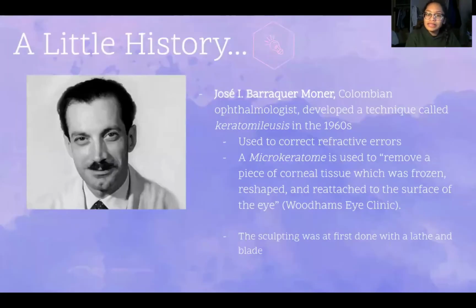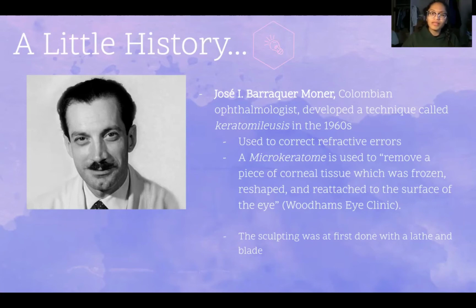This man was a Colombian ophthalmologist and developed a technique called keratomileusis in the 1960s. This was used to correct refractive errors, and it used a microkeratome. This basically removed a piece of corneal tissue which was frozen, reshaped, and reattached to the surface of the eye.